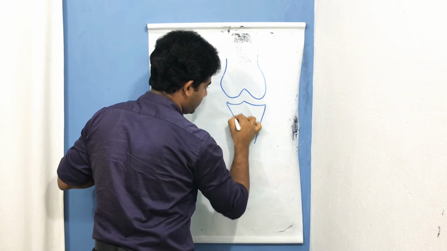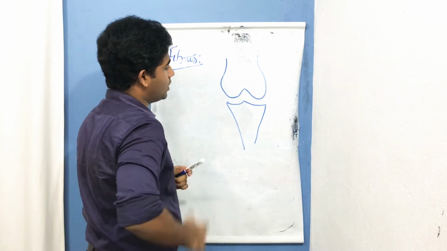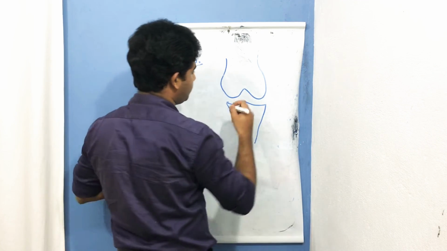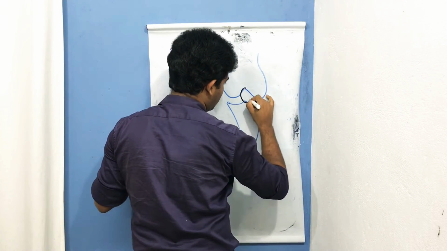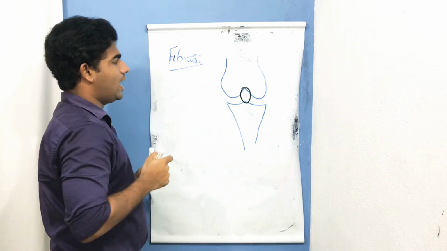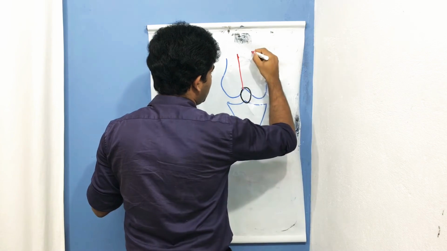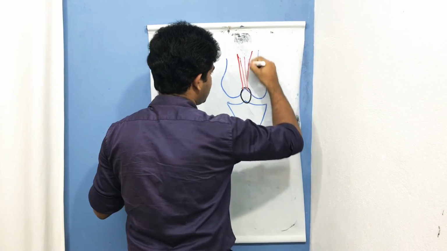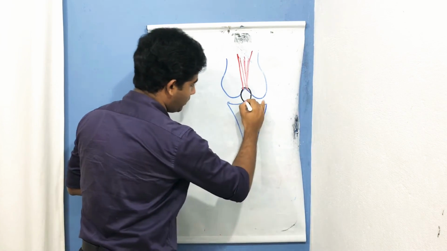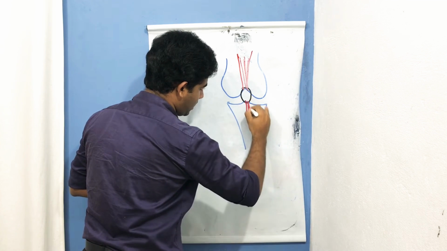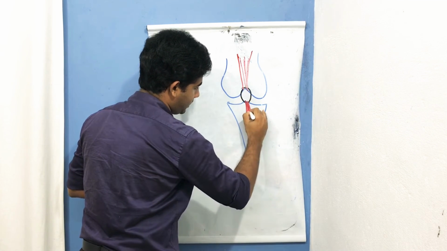Over here you have your patella. From here to here you have the quadriceps tendon coming, and here you have the patellar tendon.